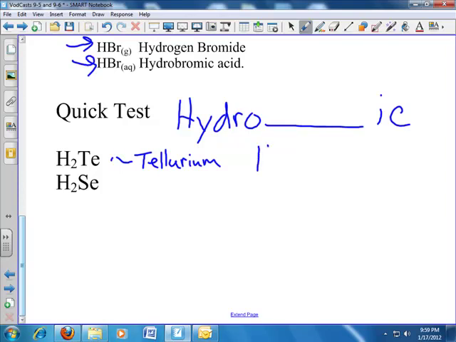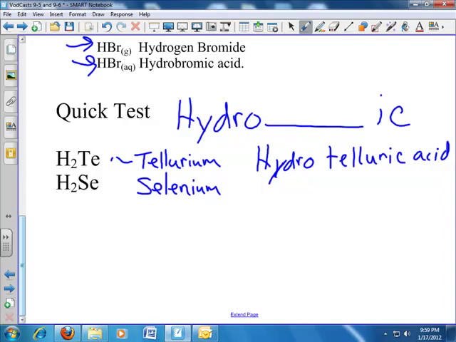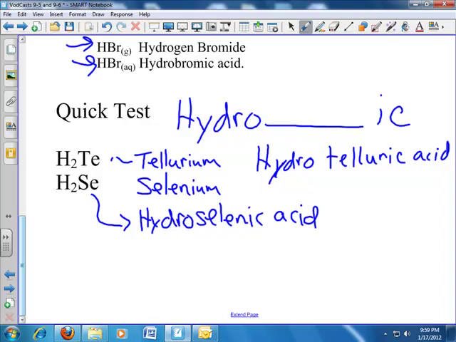So this is going to be hydrotelluric acid. And how about the Se? Se is selenium. So if I'm going to name this, it would be hydroselenic acid.